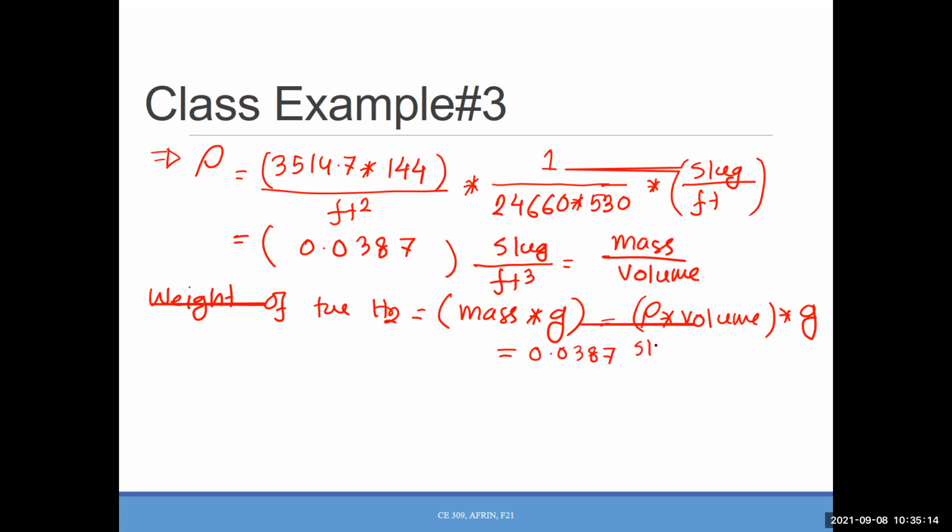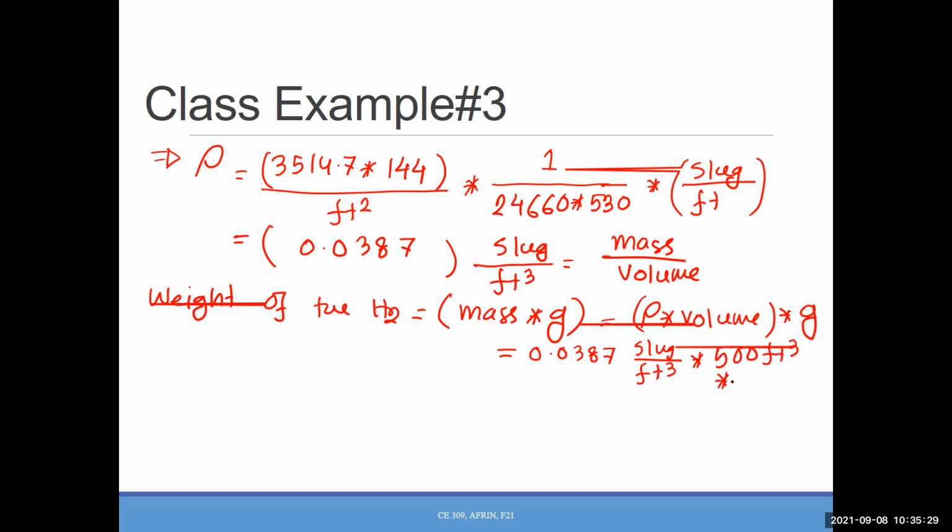0.0387 slug per feet cube. What is the volume of the tank? 500 feet cube.